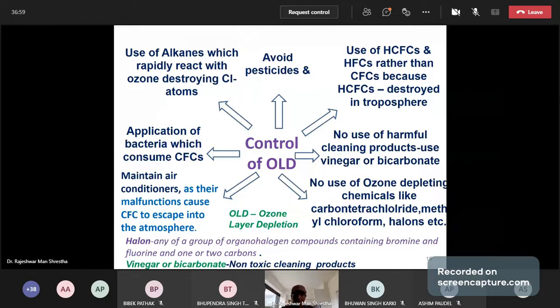Instead of these chemicals, use vinegar and bicarbonate, which are non-toxic cleaning products. And do not use ozone-depleting chemicals like carbon tetrachloride, methyl chloroform, and halon. They are responsible for depleting ozone, so they are not to be used.